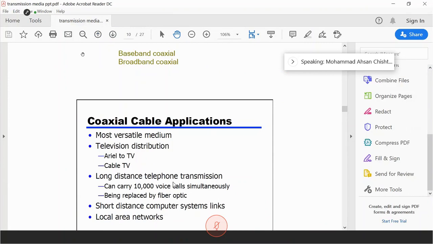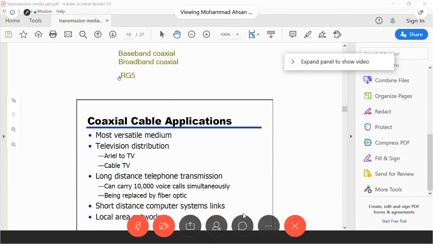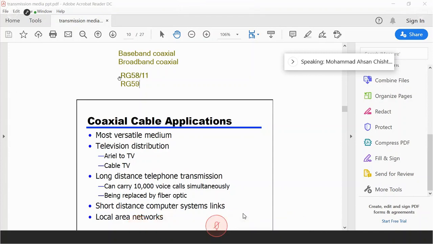Now, coaxial cable was for longer distances with higher speeds. The two types that we had for baseband coaxial cable are, one is RG58 and another is RG59.